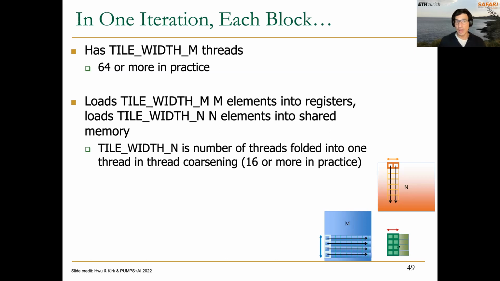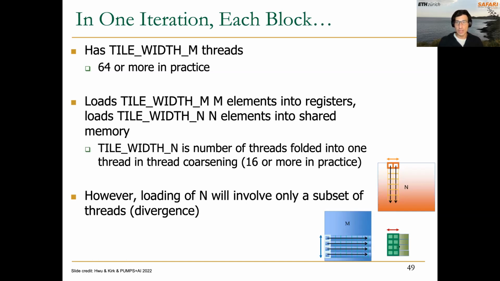We need tile width N threads in order to load the tile of matrix N into the shared memory, but also remember that we are applying thread coarsening. So what this means is that in the end, we are kind of folding tile width N threads into a single thread, because one single thread is going to compute all these tile width N elements that belong to each of the horizontal strips of the tile.